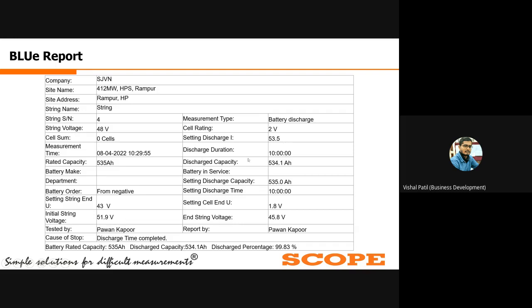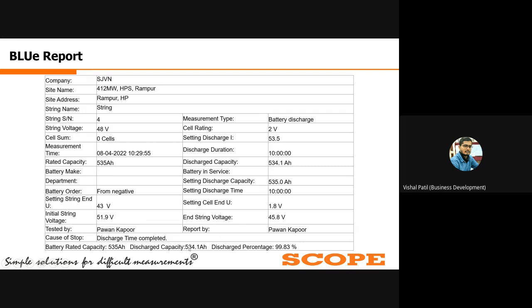So we have discharged that particular battery bank at a constant current rate of 53.5 ampere, and we have run that discharge test for the entire 10 hours. Here you can see the setting discharge time. After conducting the discharge test for the entire 10 hours, at the end of the test the calculated discharge capacity is 534.1 ampere hour.